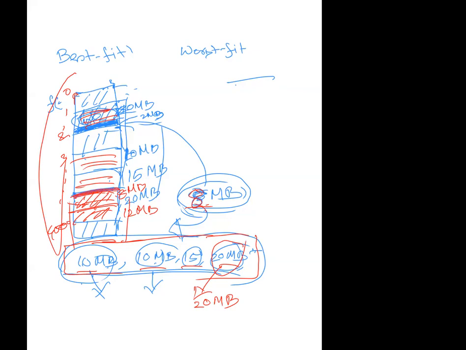Making the smallest hole even smaller, this kind of problem you can escape by using this worst-fit algorithm, but it still needs to traverse the entire address space and the entire memory.